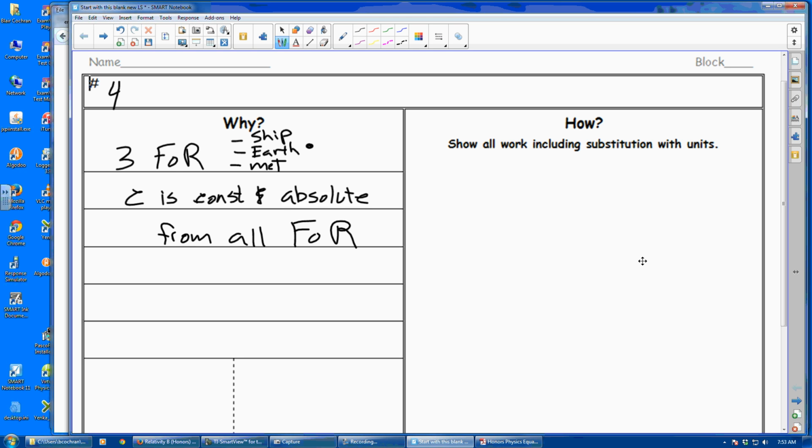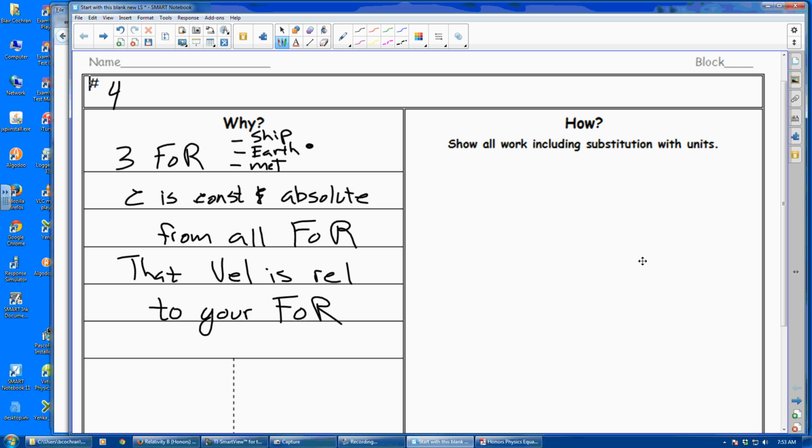And I would also put in here that velocity is relative to your frame of reference. All right? So there's nothing absolute about velocity except that you can't exceed the speed of light.